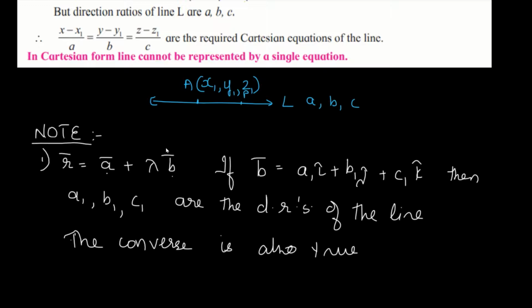So if a1, b1, c1 are the direction ratios of the line, then b is equal to a1 i plus b1 j plus c1 k is a vector which is parallel to the line. Remember this, it will come in useful for solving sums.